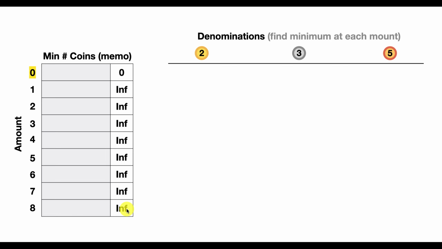So we start at 0, none of these values can reach 0, so it just stays 0. We move to 1, all these coins are greater than 1, so when we take 1 minus 2, 1 minus 3, and 1 minus 5, they're all negative. And when we get a negative index value, we know it obviously can't be in the array, so it just stays as this infinity value or the max integer in your language.